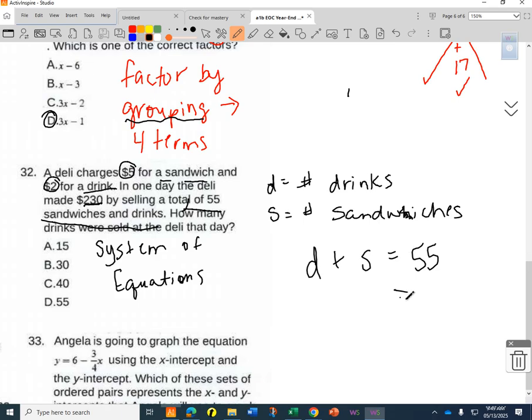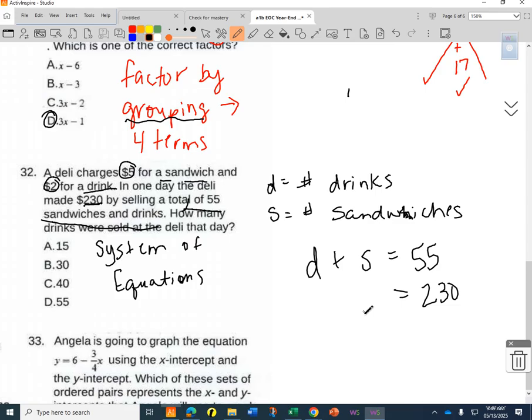They also tell us that when they sold those sandwiches and drinks, they made $230, right? So that is our other constant for our second equation. What's the other part of this equation going to look like? Remember, the cost of a number of items is the cost per item times the number you buy. The deli charges $5 for each sandwich. So if we buy 2 sandwiches, how much money does that cost?